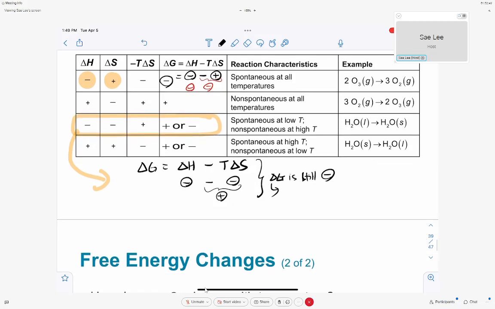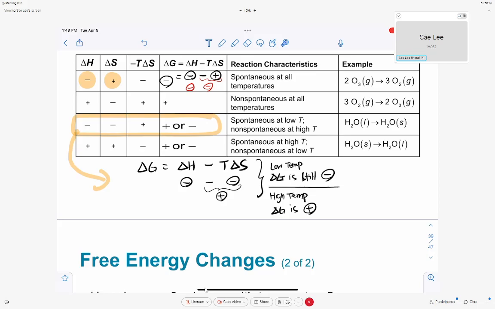But when you have a high temperature, then if you have minus plus a large value, the delta G is going to be positive. Delta G is positive, and then the reaction is non-spontaneous.